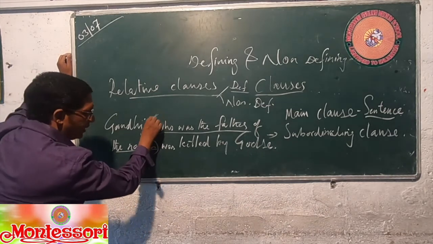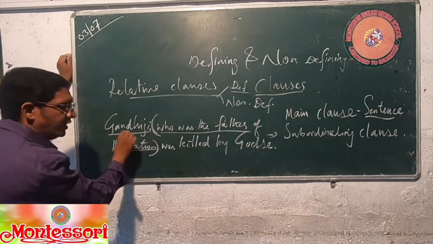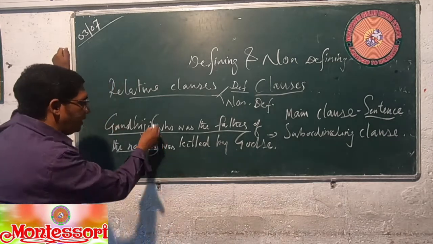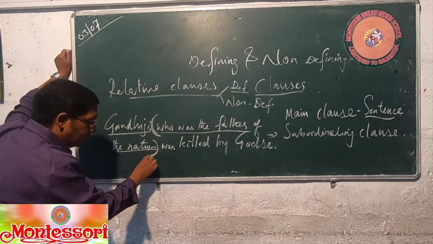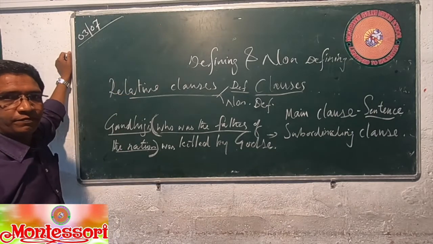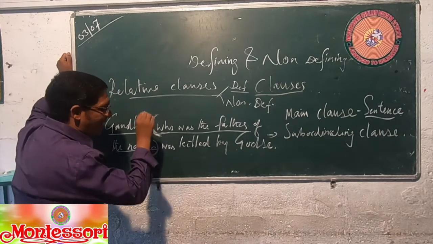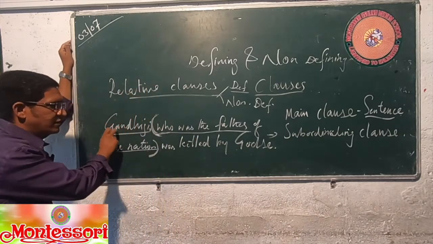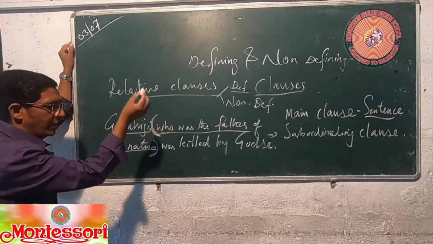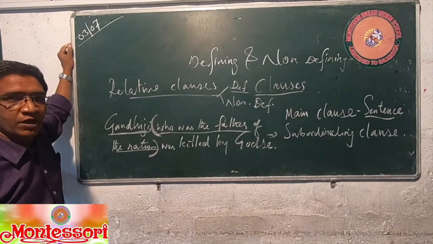Now, just see what I kept in brackets. Without this, can you understand? Gandhiji was killed by Godse, right? So without this clause, you can easily understand who Gandhiji was. Therefore, this clause is not defining Gandhiji. Without this clause, you are able to understand the subject clearly: Gandhiji was killed by Godse.